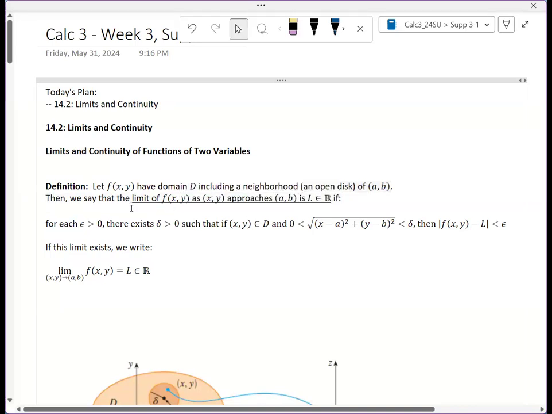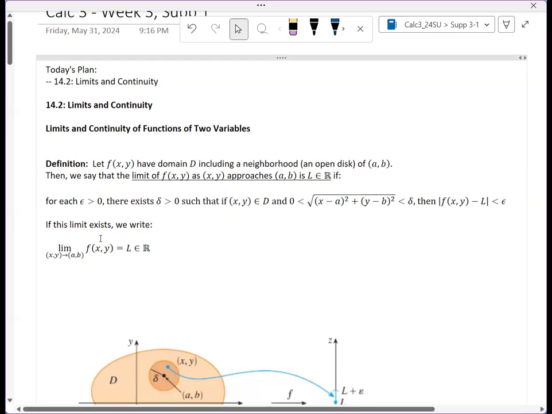Then we say that the limit of f of x,y as the point (x,y) approaches the point (a,b) is L, a real number, if the following is true.